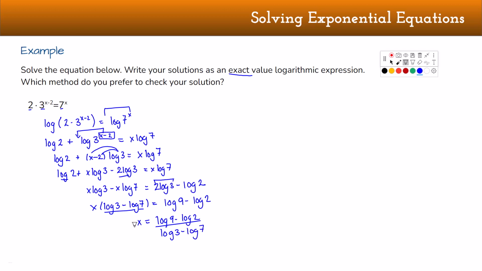Now it's asking us to check the solution and which method we would prefer. Well, because we have this exact value here, substituting this big expression back into the original equation kind of looks like it's going to be a lot of work. I might want to say, well, what is the approximate solution of that?